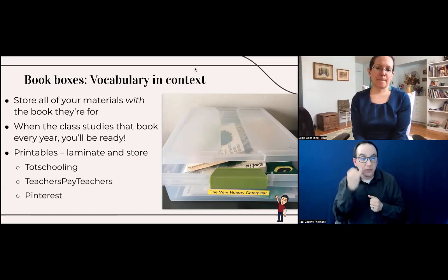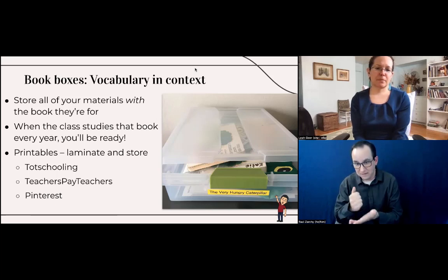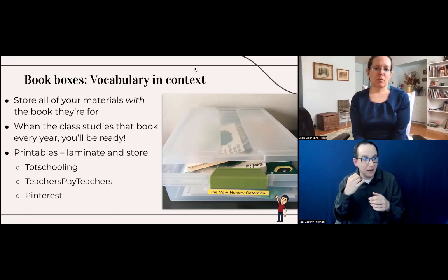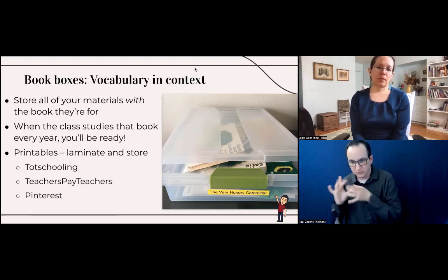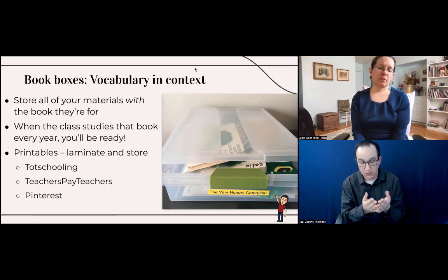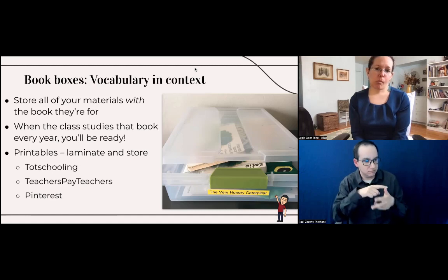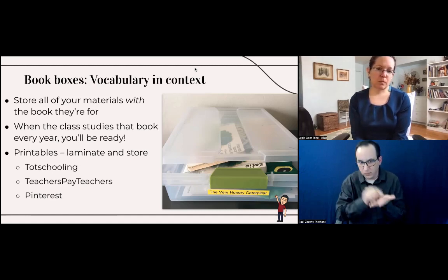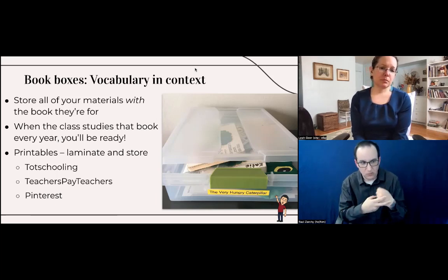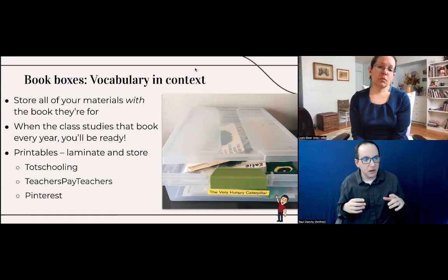You can't always follow suit, but if we do find books that we like, I will frequent them and use them often in therapy. Then I'll just use material that is related with that and put them all together in one bin, essentially. So yeah, some of my favorites here that I have, printables, things that I've laminated and that I've stored and used.